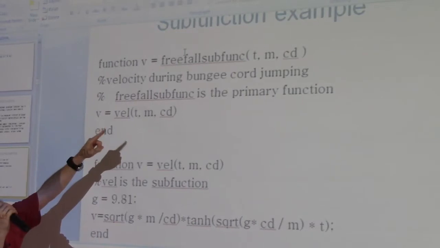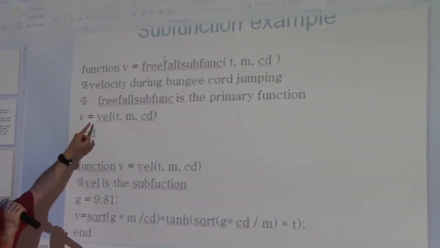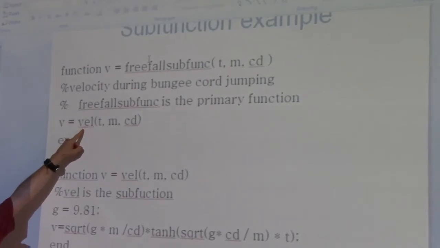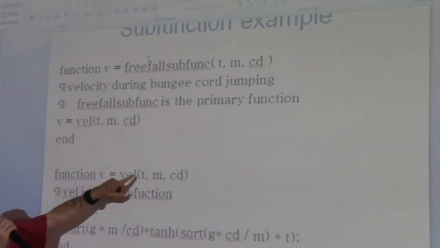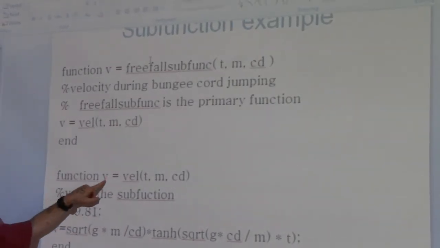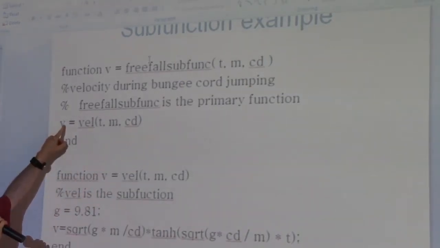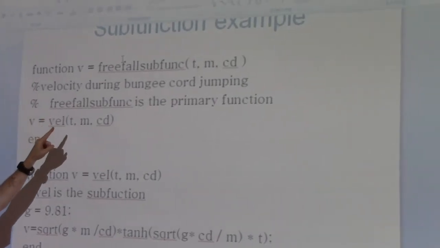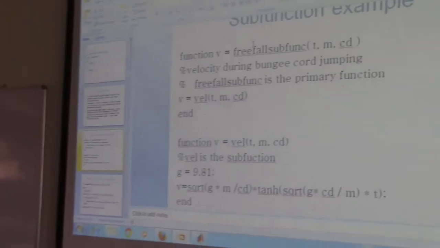The free-fall sub-func can see the vel. So it calls the vel, and it sends in the t, m, and CD from there. It sends it in here. It calculates the V here. The V is an output, so the output goes here. And it turns out that the V here is also an output. But remember, the vel cannot be seen, so I can prove that by showing it to you.